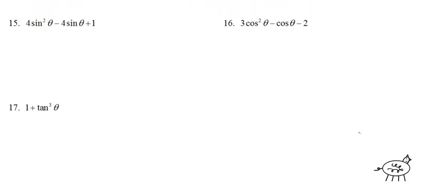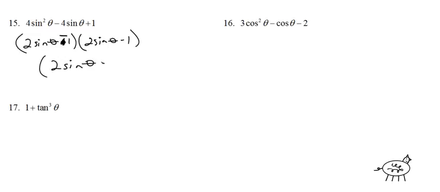And this one is a perfect square trinomial. So this is going to be factored as 2 sine of theta plus 1, or this is minus 1 here, sorry, and 2 sine of theta minus 1. So the answer is 2 sine of theta minus 1 squared. Alright, so this next one, just think of it as 3x squared minus x minus 2.